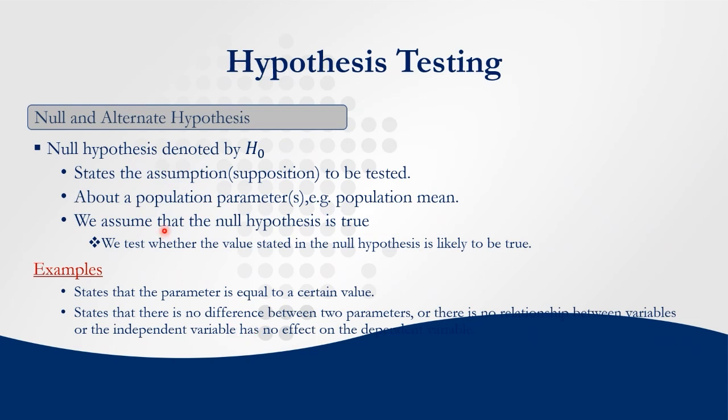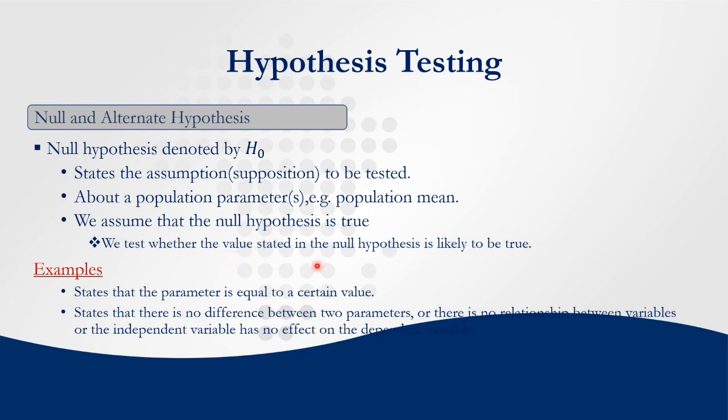So going back to the null hypothesis and the alternate hypothesis, the null hypothesis is denoted by H0. It states the assumption to be tested. So when we do a statistical test, we test the null hypothesis. It's going to be about a population parameter or parameters, because when we do a study, we are interested in population parameters, for example, the population mean. We assume that the null hypothesis is true, which means we test how likely it is that the value stated in the null hypothesis is true.